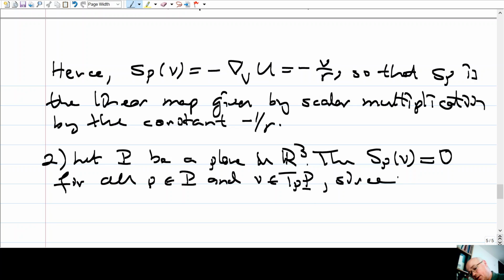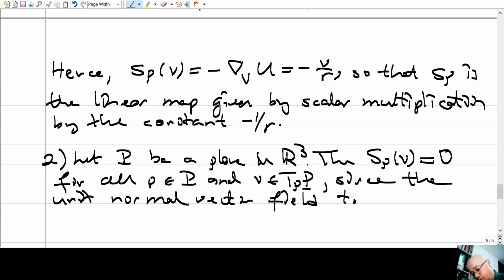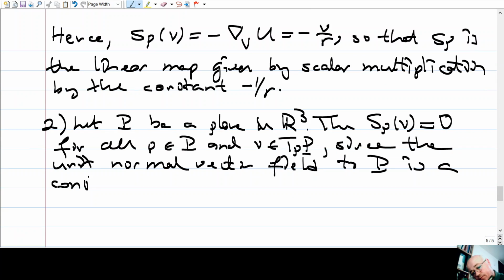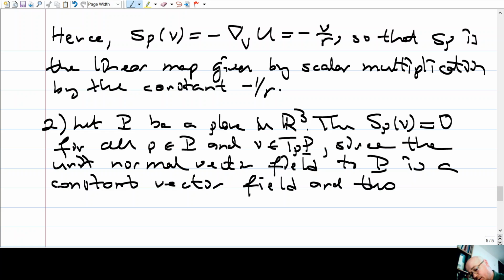Since the unit normal vector field to P is a constant vector field, and thus S_P v, which is the covariant derivative with a minus sign, since this is constant, has to be 0.